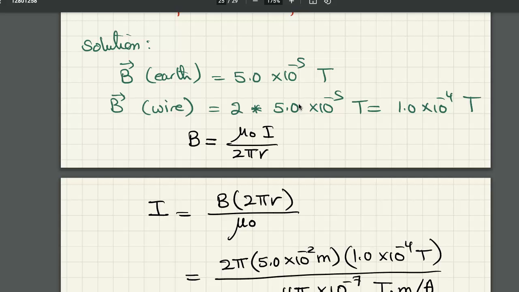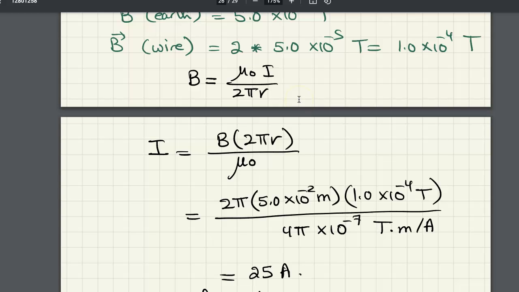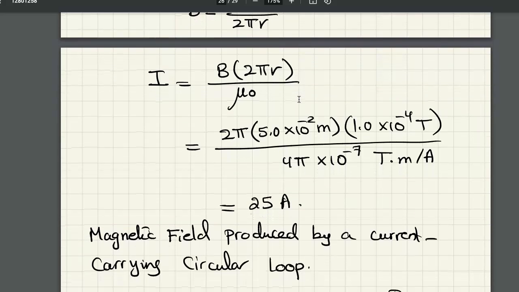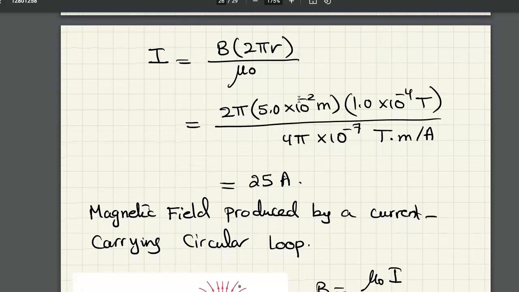And then B for that wire is going to be twice of that, so 2 × 5 × 10⁻⁵, which is 1 × 10⁻⁴ T. Then B is mu0 I divided by 2 pi r, and we can calculate I to be 25 amperes.